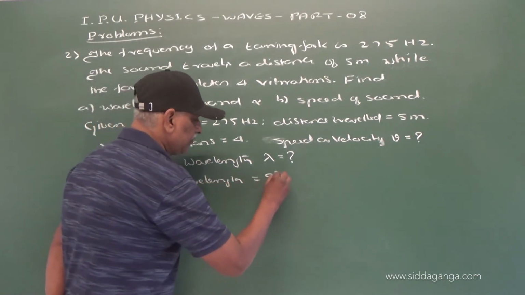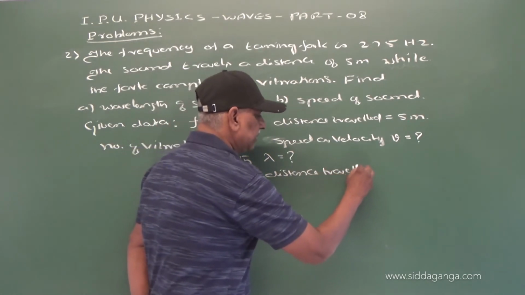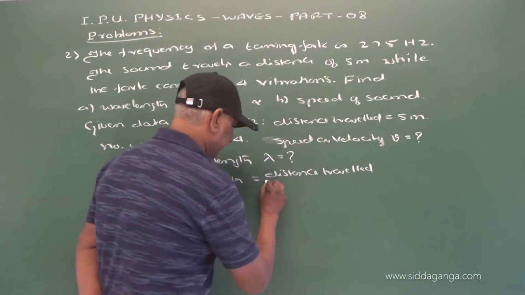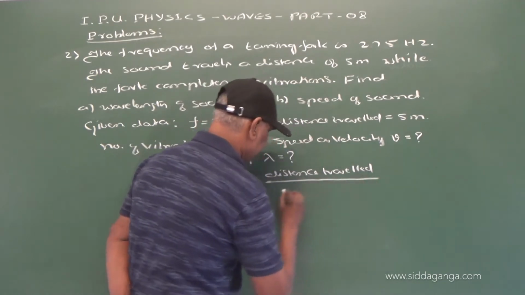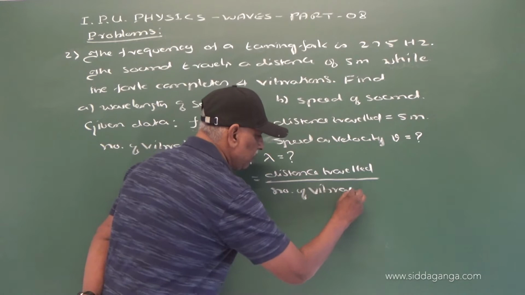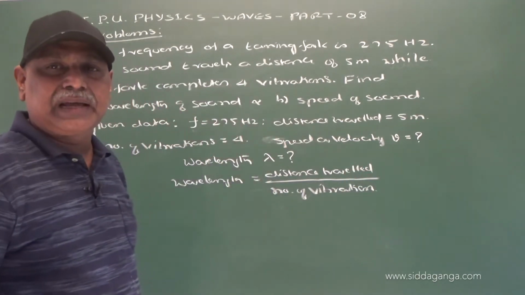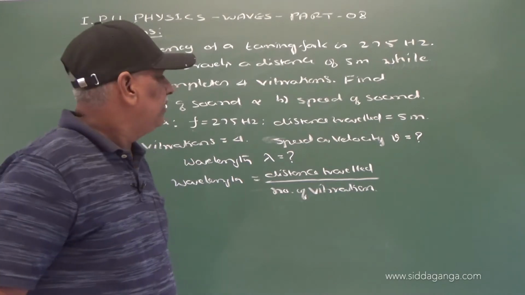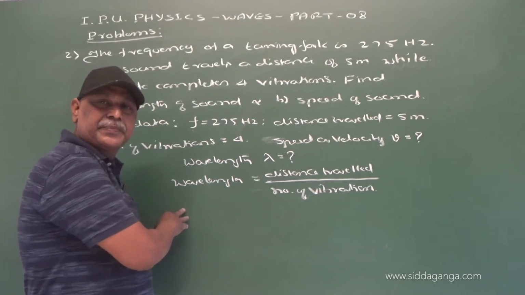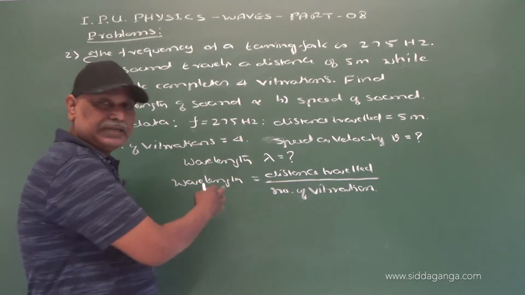Therefore, we can write wavelength is equal to distance travelled by number of vibration. It is entirely a new formula we have obtained depending upon the requirement of the problem.